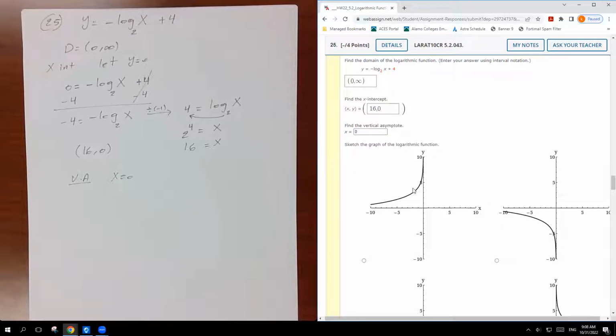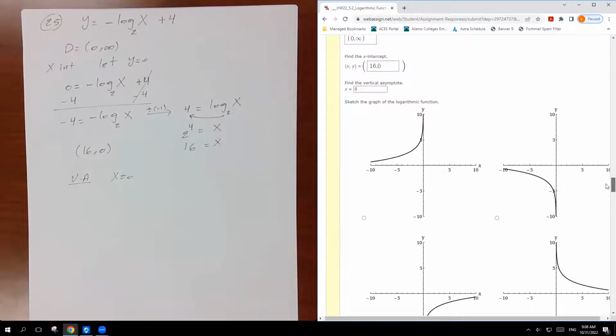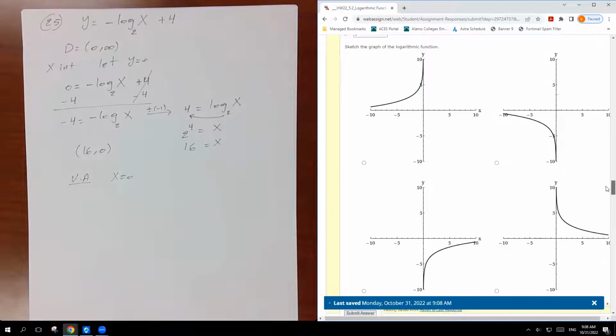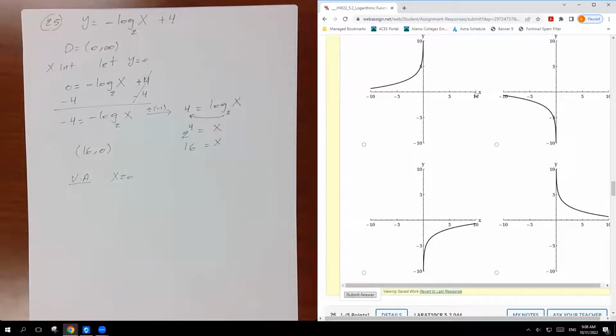Now let's check this one. Just look at the graph, because if you look at these 4 options, you're not going to see the x-intercept, because it's at 16, and 16 is going to be here. The graph is just showing you until 10.